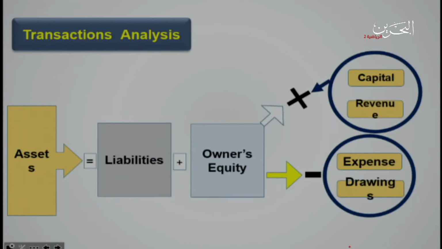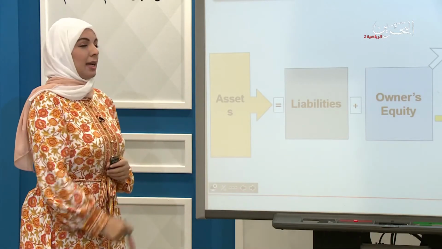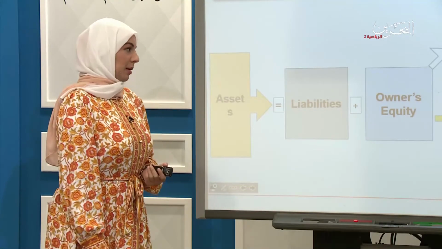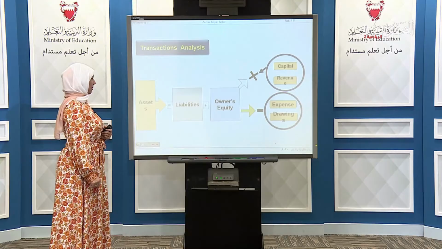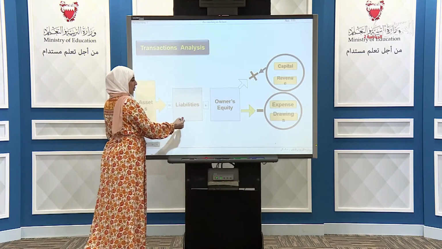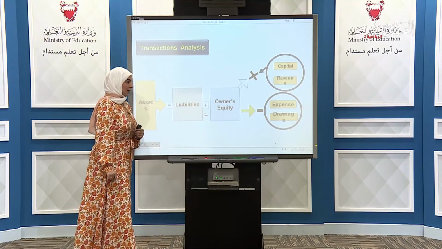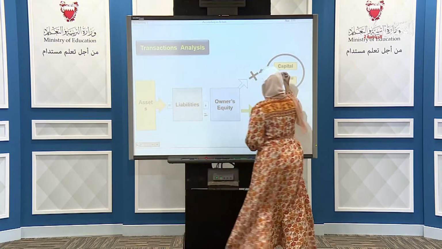Then, my dear student, let us take a look at our equation and explain it in more detail. I have the assets. It will be equal to the liability plus the owner equity. But on the owner equity side, I have two parts.